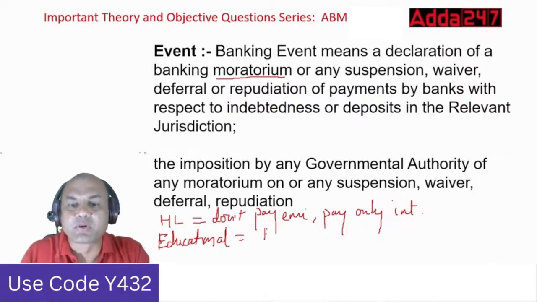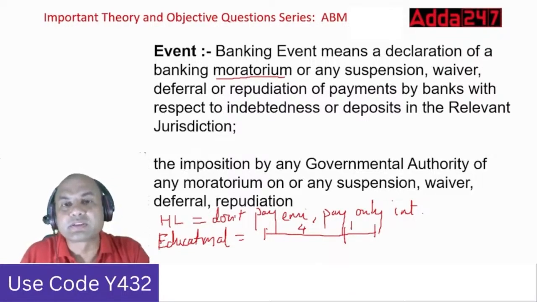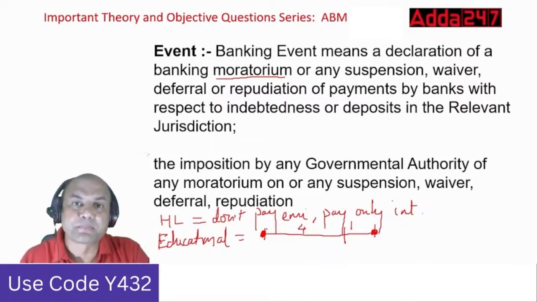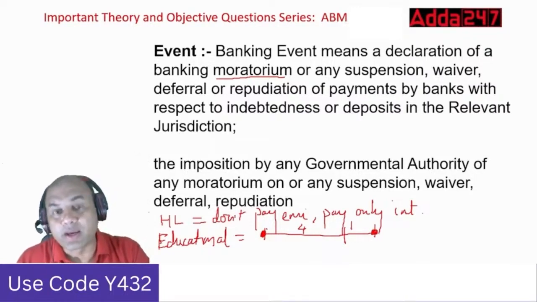So if I have 4 years of engineering, these 4 years plus 1 year for job searching, so a total of 5 years, the bank doesn't ask me for anything. The bank has given me the loan, but up to 5 years it doesn't ask for any principal or interest. If I want to pay, I can pay.